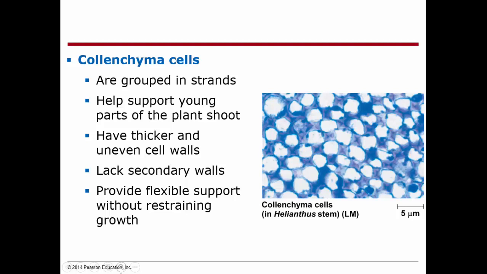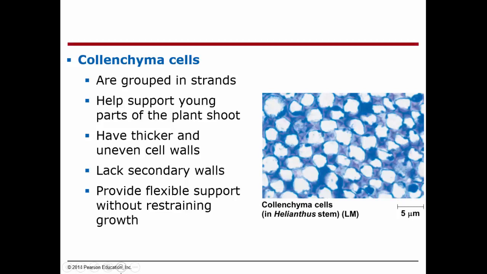These cells have thicker and often slightly uneven cell walls because the plant that's growing is often changing shape, and this change in shape can cause unevenness in the cell walls. Like parenchyma cells, these cells also lack secondary cell walls.